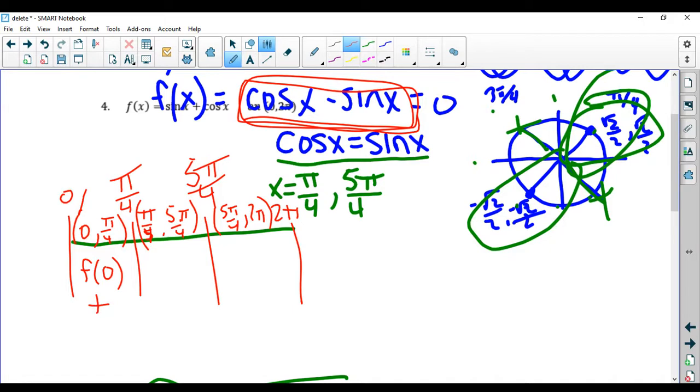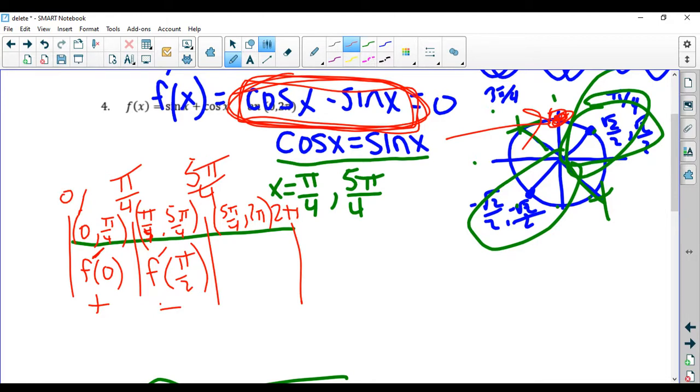On this next interval, pi over 4 to 5 pi over 4, I would use pi over 2, because that's easy. So f prime of pi over 2: plug it into this derivative. Cosine of pi over 2 is 0. Sine of pi over 2 is 1. So we have 0 minus 1, which is negative 1.